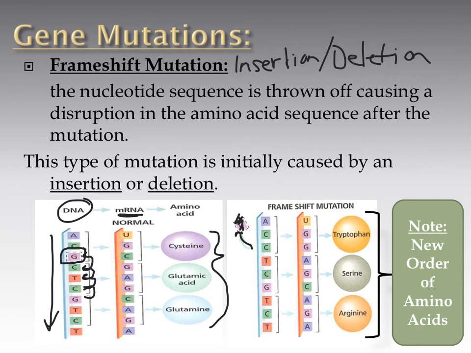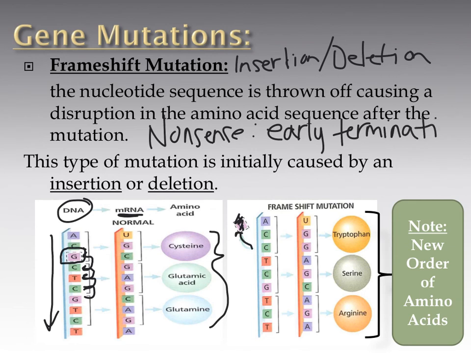Okay? There's one other type of mutation that I want you to write down, and it is a nonsense mutation. What that means is that at some point, a base pair substitution changes the codon to one of your stop codons.